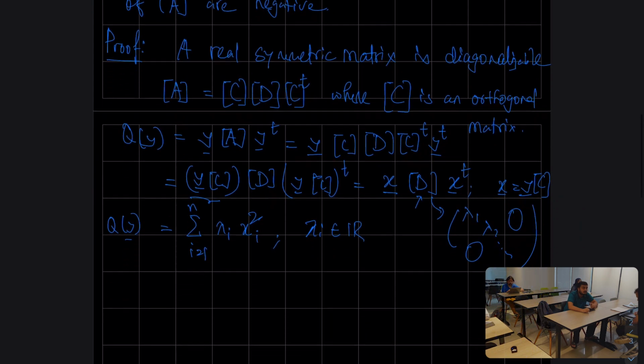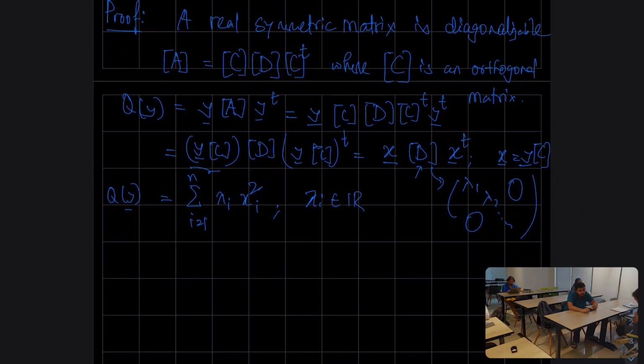Let me call this equation 1. Equation 1 implies that q of y is greater than 0. Obviously yi square is positive, so it's greater than 0 if all lambda i are positive.